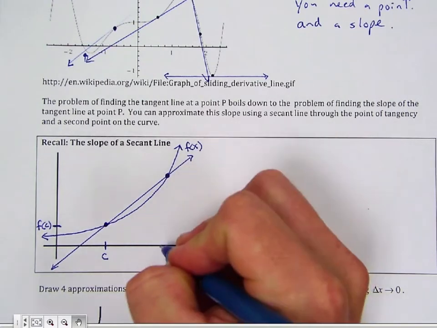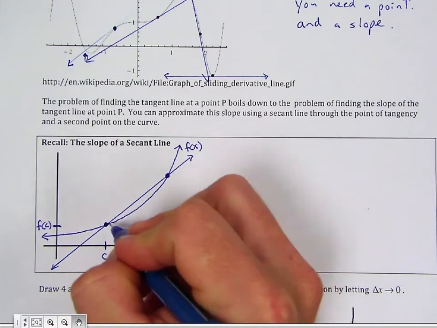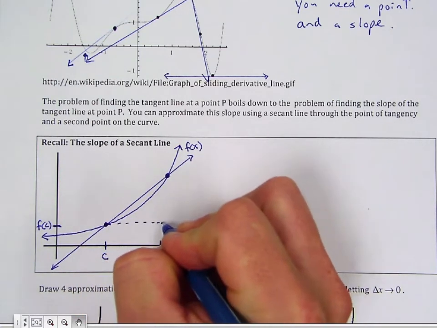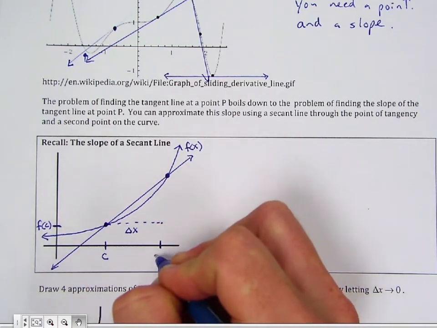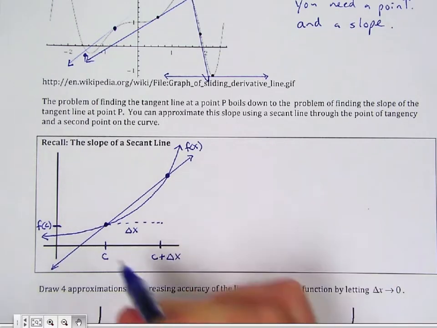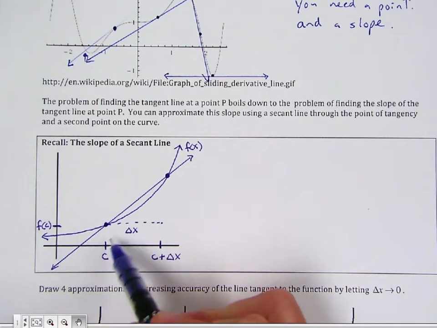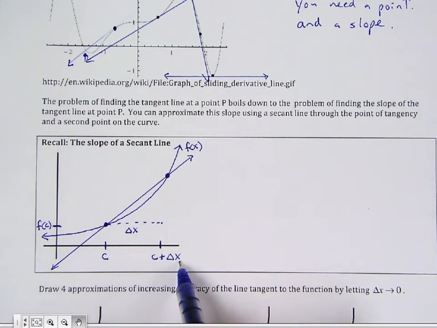So when we look at this other point, we say that it is delta x units away. And remember, delta x is just the change in x. So this becomes the x value of c plus delta x. So we've already come c units, and we go an extra delta x units. So this is the x value of c plus delta x.